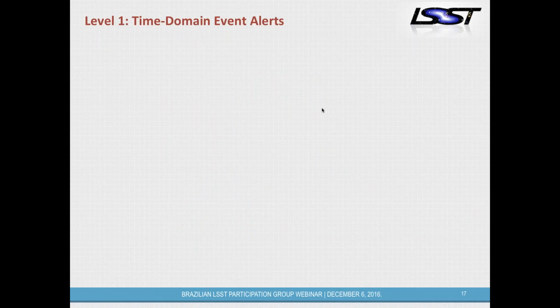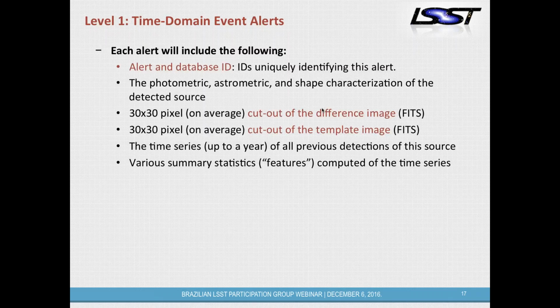Now, to enable those kinds of science cases, if you have a big telescope and you're waiting for LSST to send you something interesting, you need to decide whether it is interesting or not. So LSST needs to give you some information about the object, and that information needs to be packaged with the alert that LSST will be sending out.